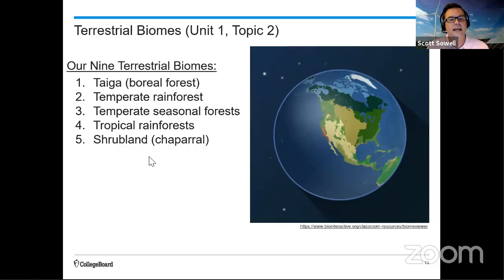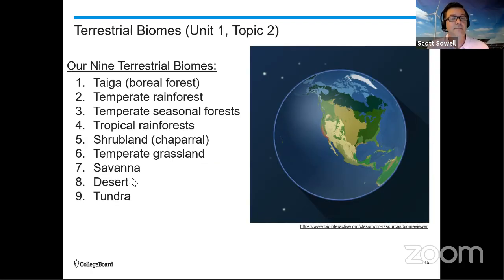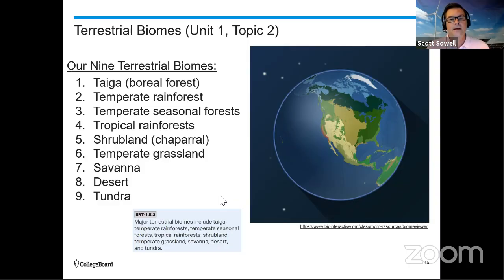Chaparral is what the shrubland is called in California. And so sometimes this word chaparral is used as a replacement for shrubland. Then we're going to do our 2 grasslands, the temperate grassland and the savanna. And then we'll do our 2 deserts, the hot desert and tundra, which is pretty much a cold desert. So that's the pattern we're going to go through today.